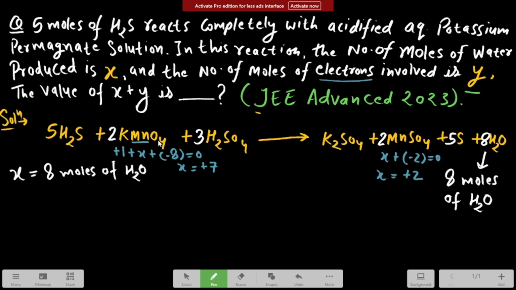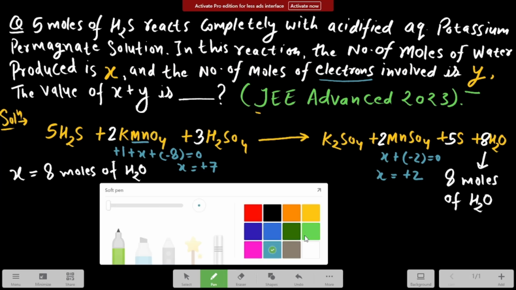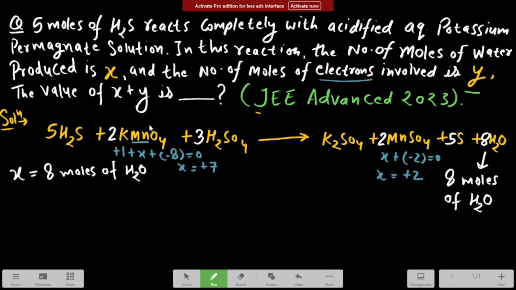The definition of n factor says the number of electrons gained or lost per mole of reactant. In this case the manganese is going from +7 to +2. So it is a reduction.